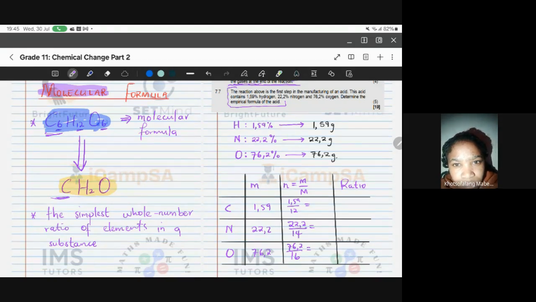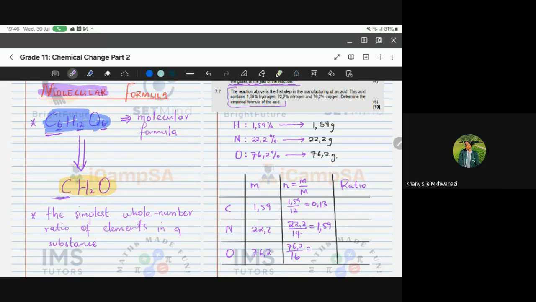So 1.59 divided by 12. Let's do that. Should give us 0.13. We stick to 2 decimal places always. Excuse me, 22.2 divided by 14 would give us 1.59.